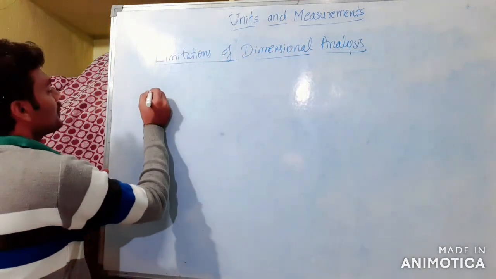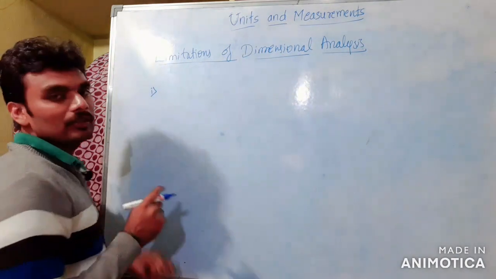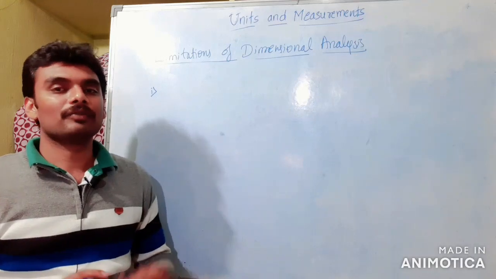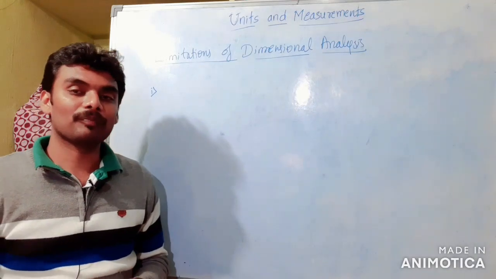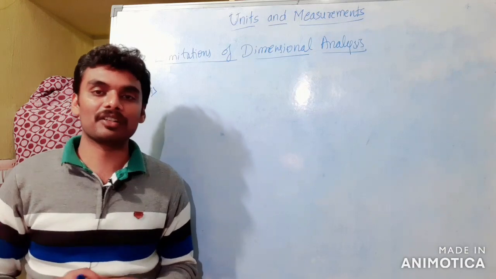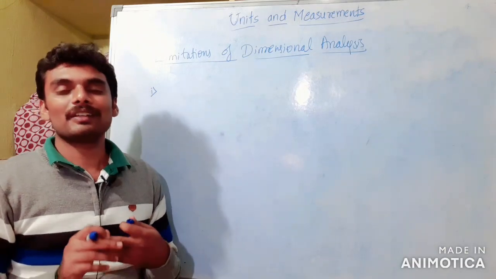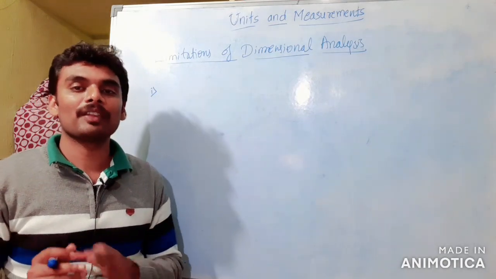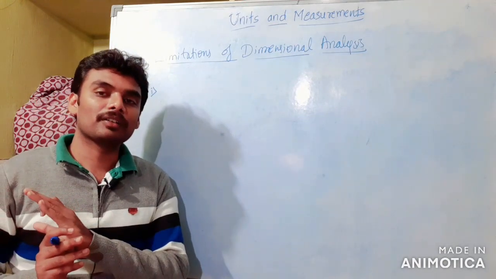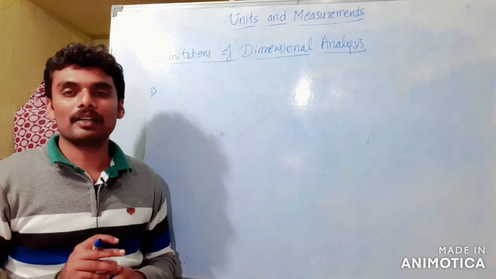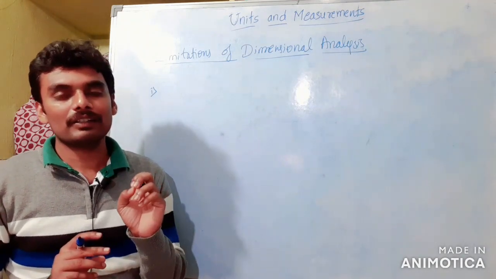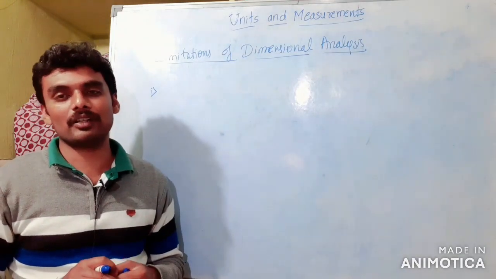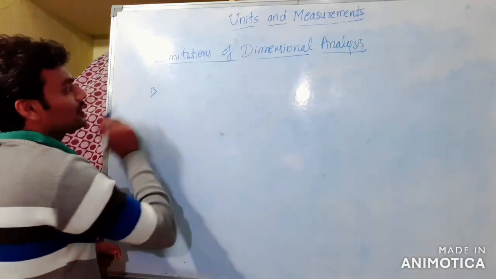First limitation is while checking for the correctness of the equation. The second application that we discussed involves checking the dimensional consistency. As the name itself says, we are checking the dimensional consistency. We cannot check the complete correctness of the equation using dimensional analysis. So that is the first limitation.